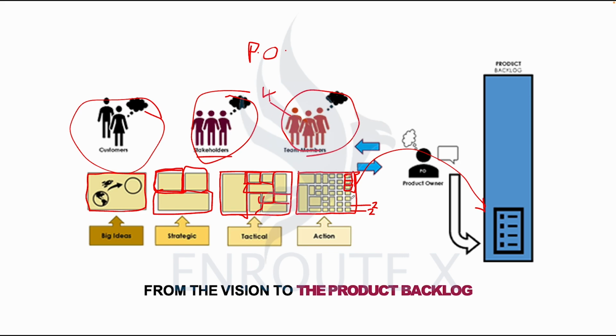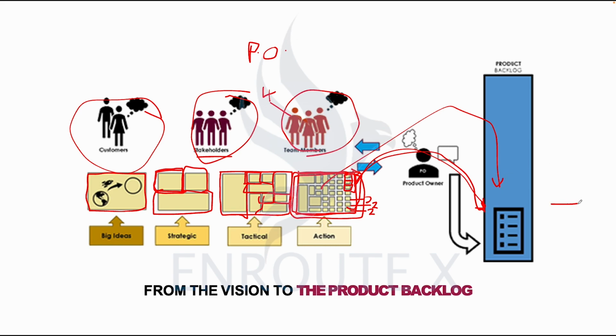So if each of these is 2 story points, the product owner is bringing 1, 2, 3, 4, 5, 6, 7. We have 7 here. Mind you, everything here would form the product backlog. So everything here would move into your product backlog.